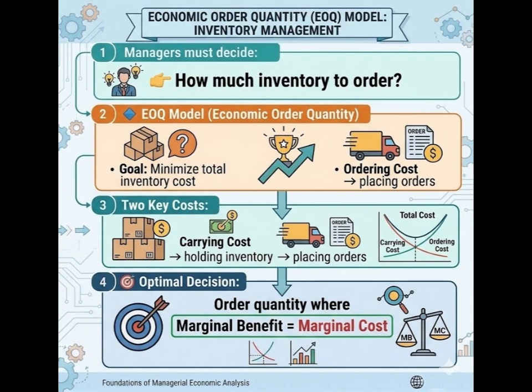Two key cost types are: number one, carrying cost, that is cost of holding inventory. Then second is ordering cost, that's the cost of placing orders. So what is the optimal decision in this case? Order quantity where marginal benefit equal to marginal cost.